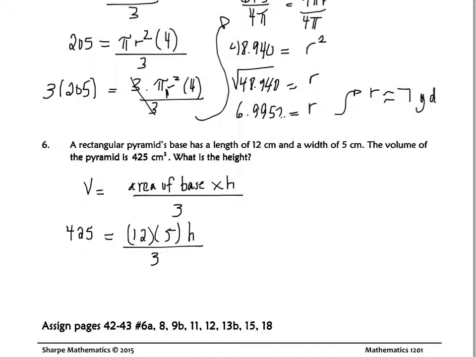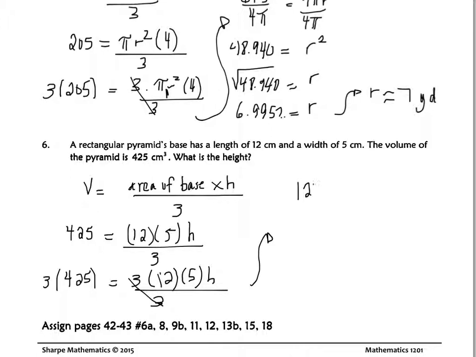So again, we triple both sides to get rid of the fraction, and those 3's will cancel, and that's going to give us 425 times 3, 1275. 1275 equals 12 times 5 is 60, h.